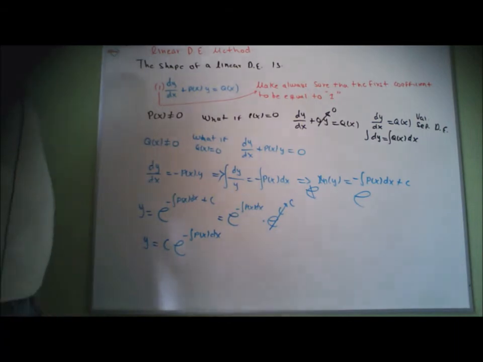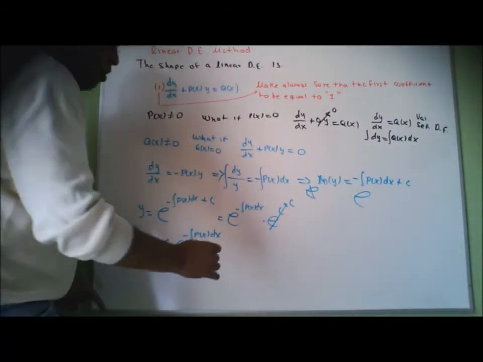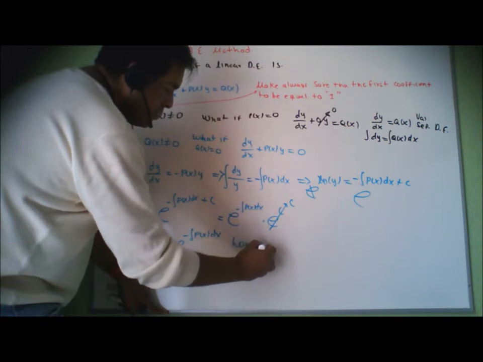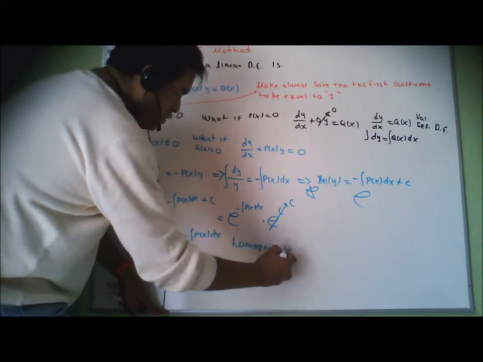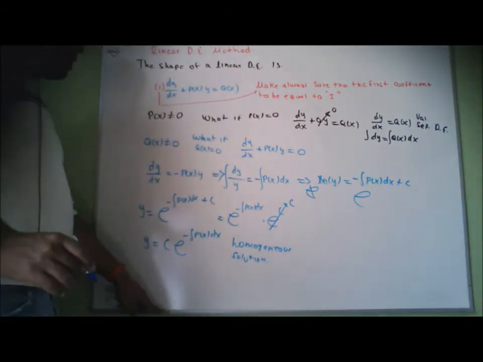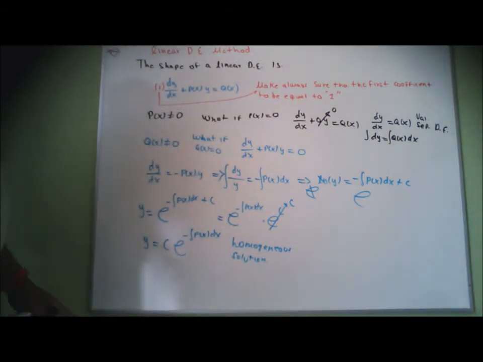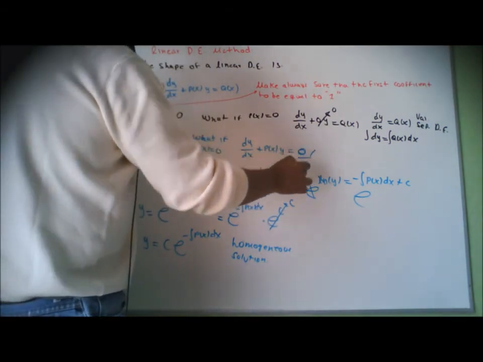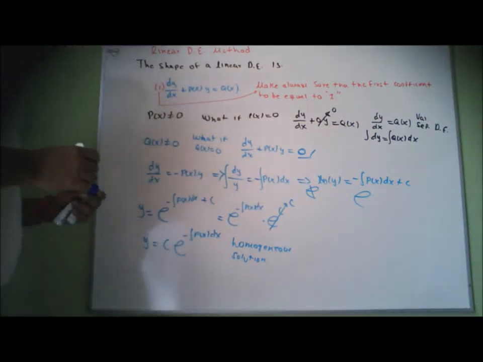Now, this kind of solution is called the homogeneous solution. And why is it called homogeneous? Well, it is called homogeneous when the linear differential equation is equal to 0. So that is why it is called the homogeneous solution.